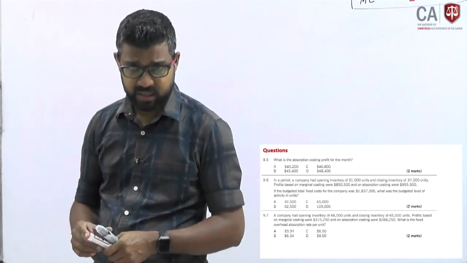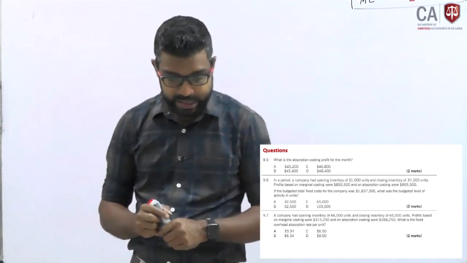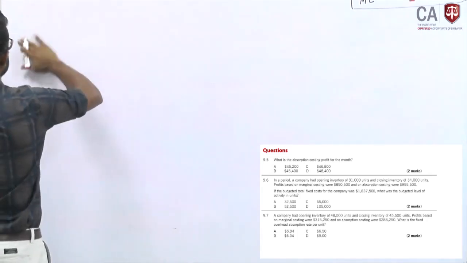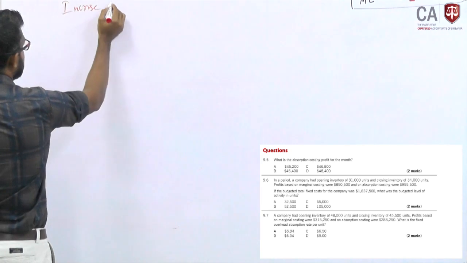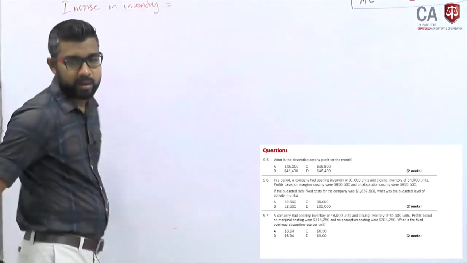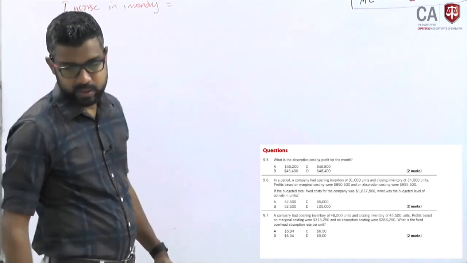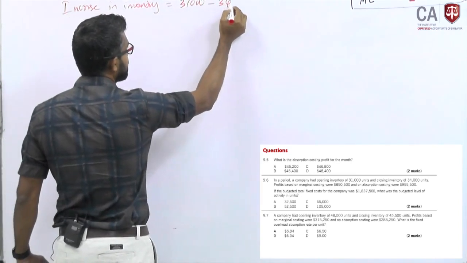A little complex, and I would say it's a nice question, right? We'll see it one by one, step by step. Increase in inventory, how much? Inventory has been increased by 3,000, right? From the 31,000 opening balance to 34,000.